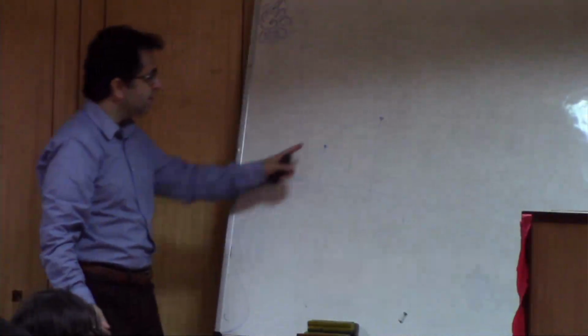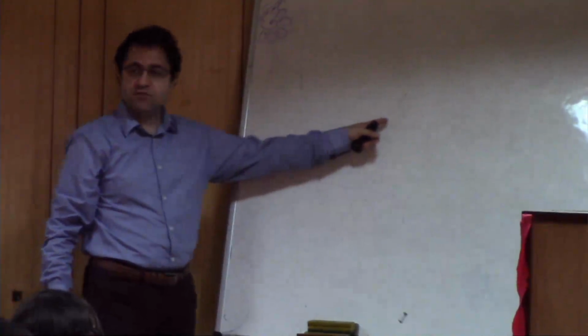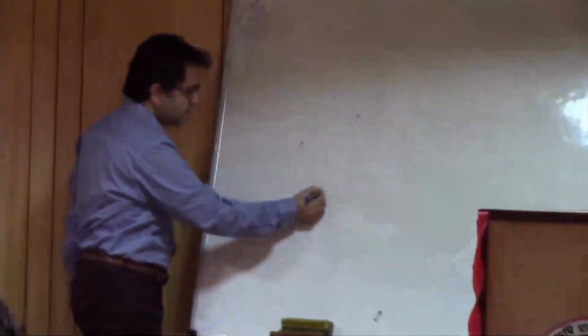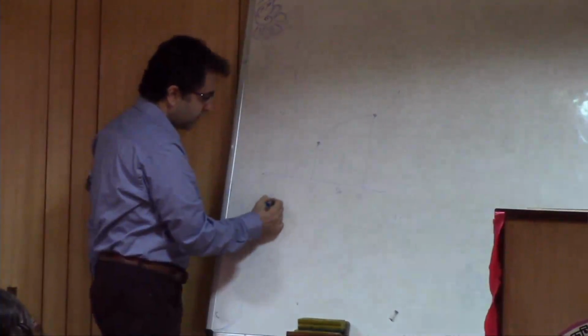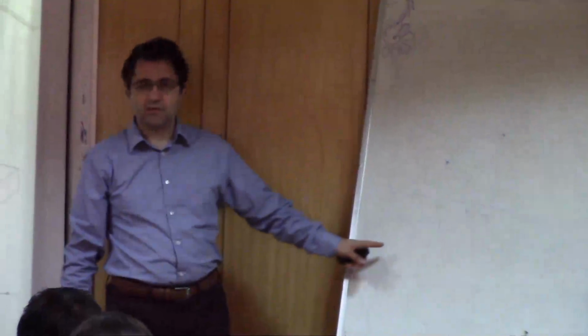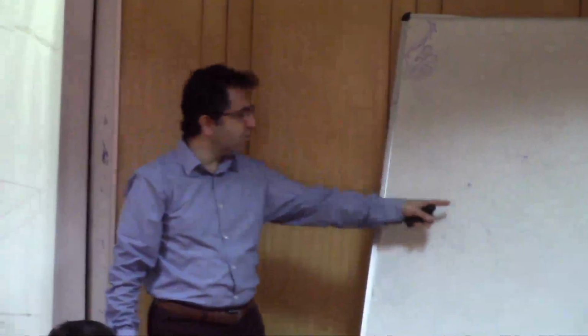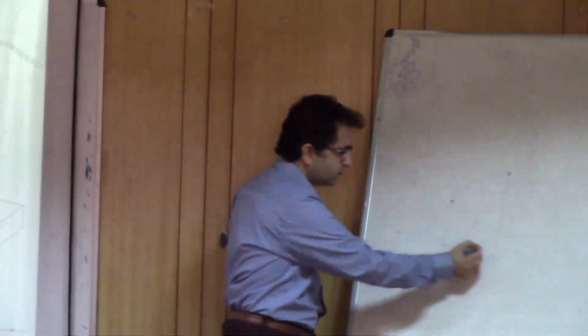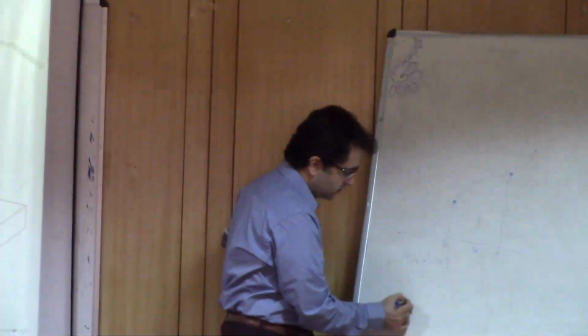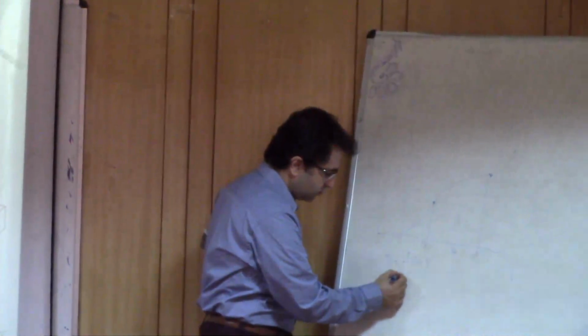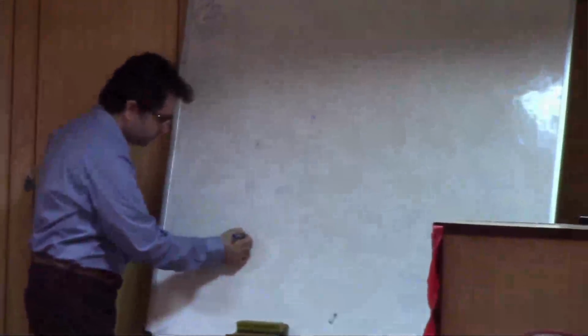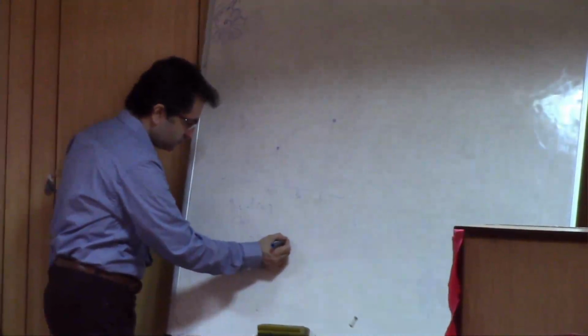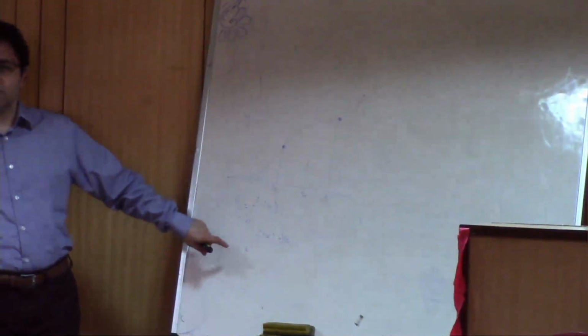If this is x and this is y, and y equals f(x), you can calculate the area from a to b by the integral from a to b. Yes, we know what it is.